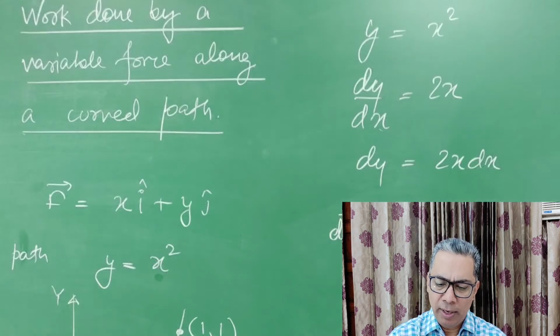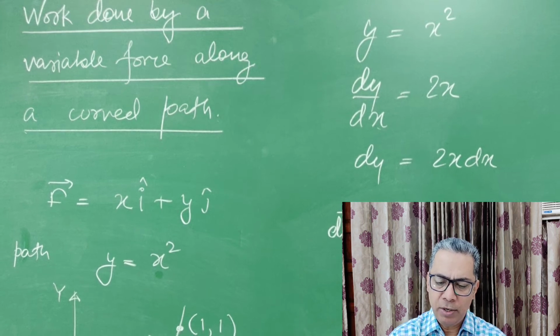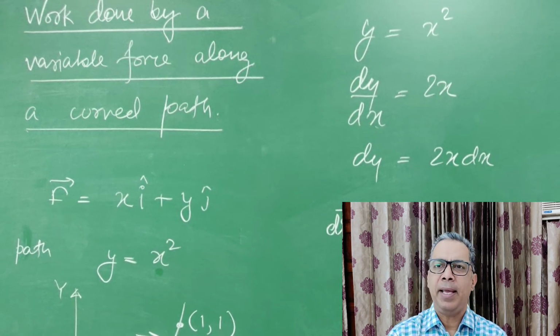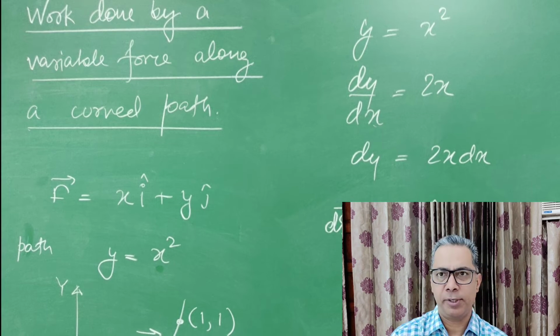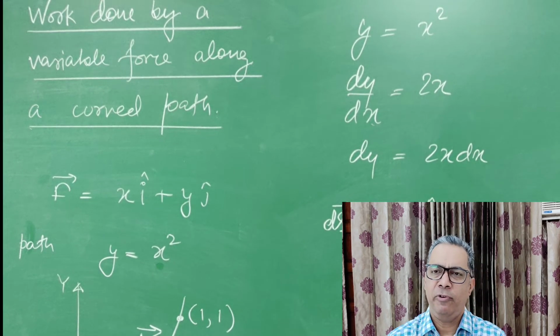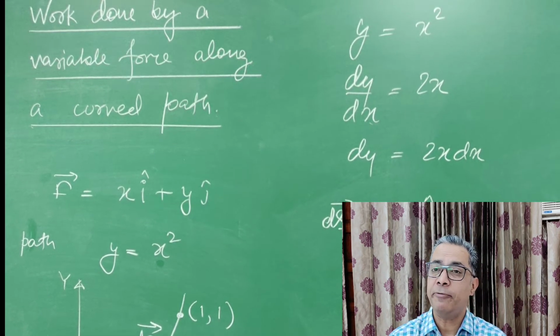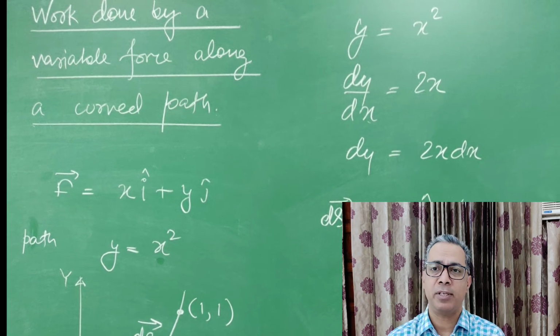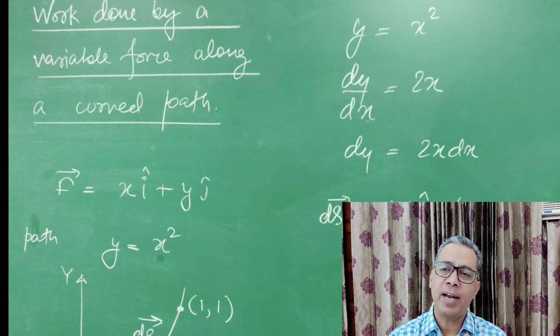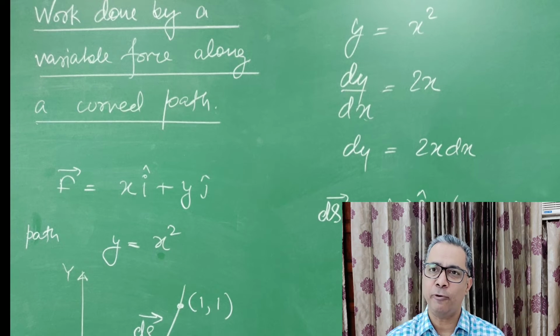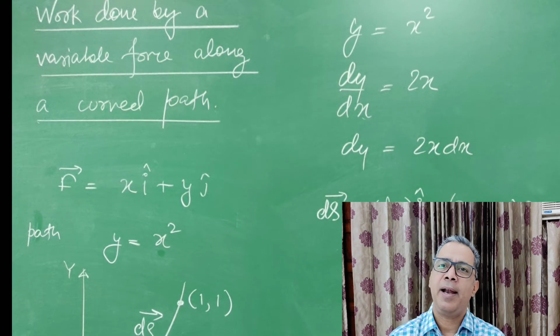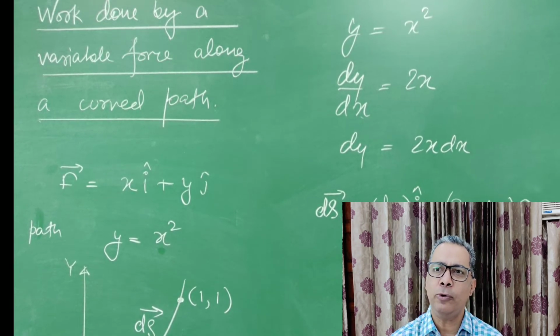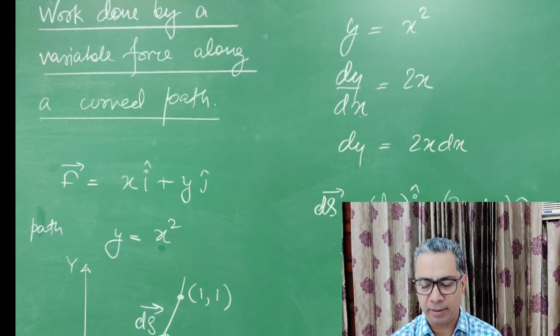And we now move on to the calculation of work done by a variable force. Now we've calculated work done by variable forces when motion is along a straight line. Now we look at a more general case where the force is variable and the motion is also along a curved path.